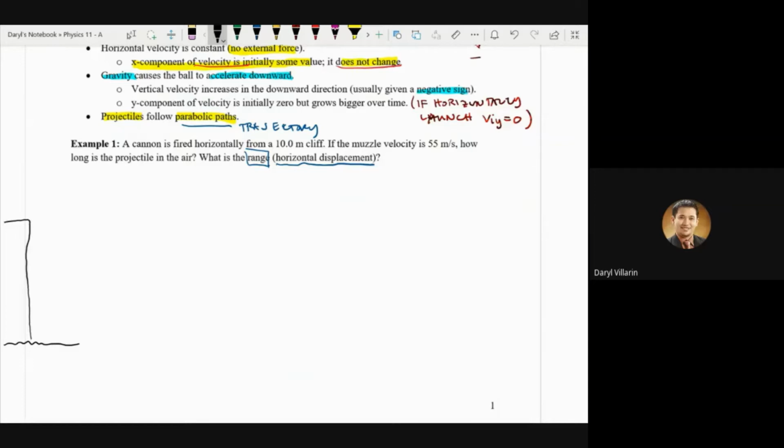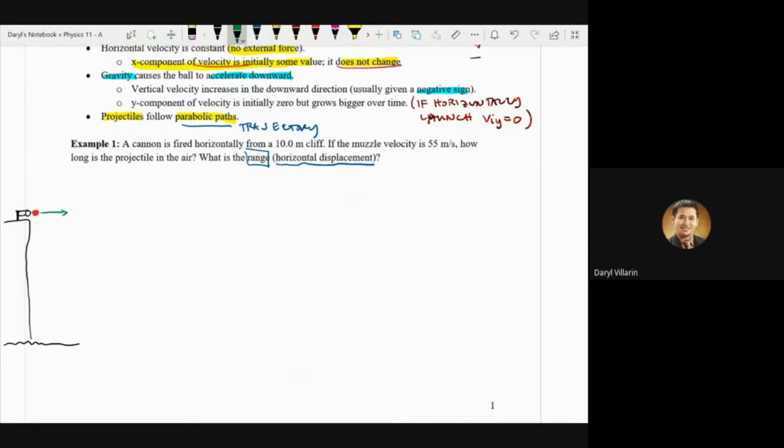Okay, so let's say for example here, this is my cannon. How would I draw my cannon? Okay, it is just horizontal, and then you have here the object or the cannonball. So it moves straight first.